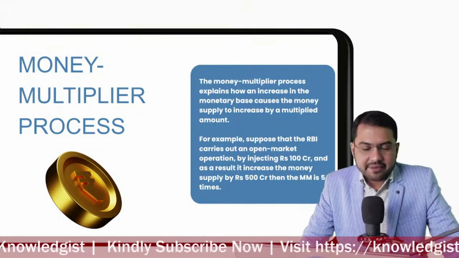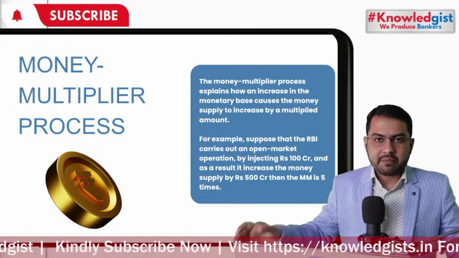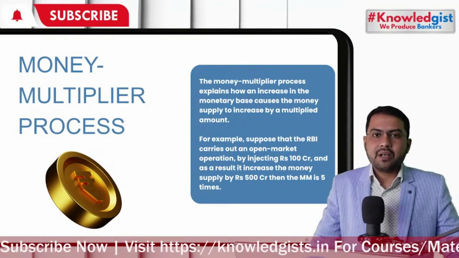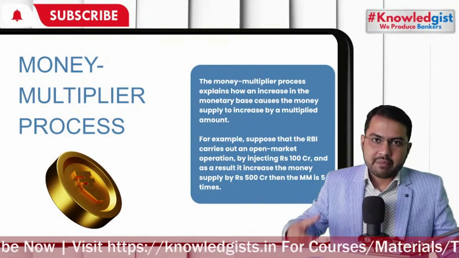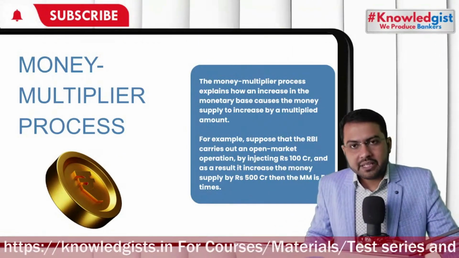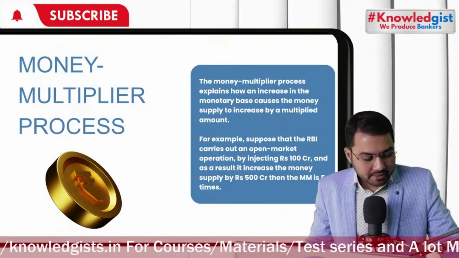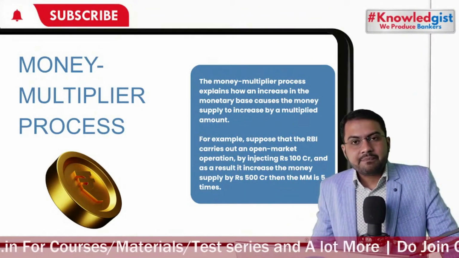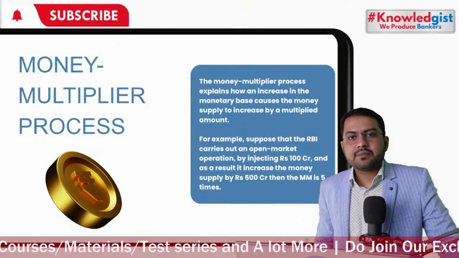What is money multiplier? Money multiplier means if the Reserve Bank of India injects 100 crore into the economy, what will happen? Banks will take that money. Banks will sell the T-bills, the sovereign bonds, and get that money from the Reserve Bank of India. They will lend it to others, right?